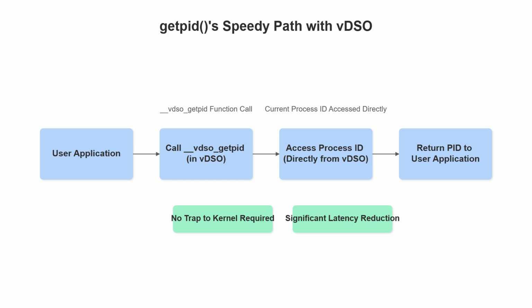The __vdso_getpid function simply reads the current process ID directly from a predefined memory location that the kernel keeps updated within the VDSO page. This direct access completely bypasses the costly context switch, leading to a significant latency reduction. For a function as frequently invoked as getpid, this optimization is a game changer, turning a potentially slow operation into an extremely fast user space execution.